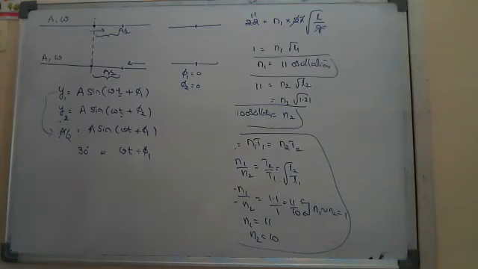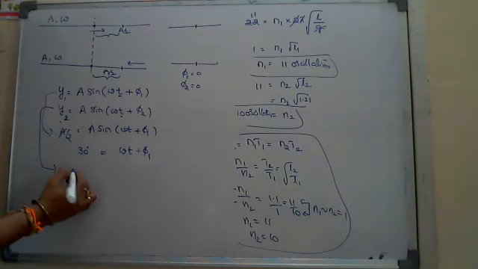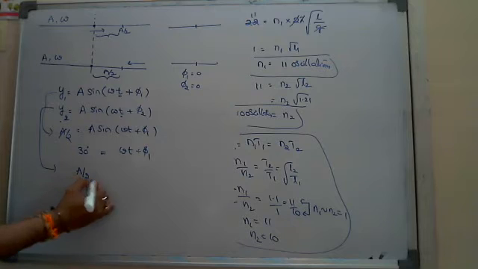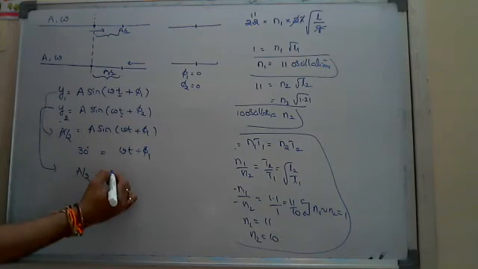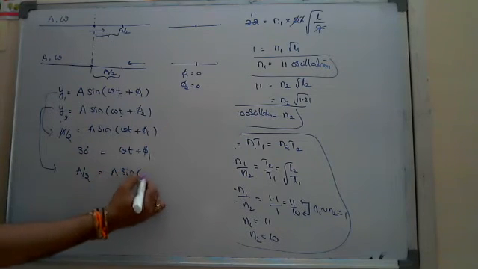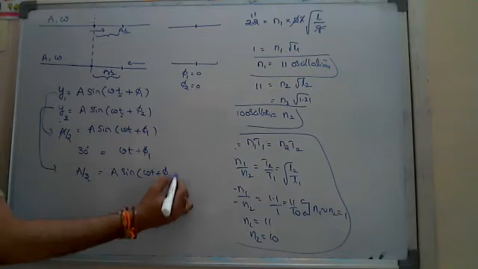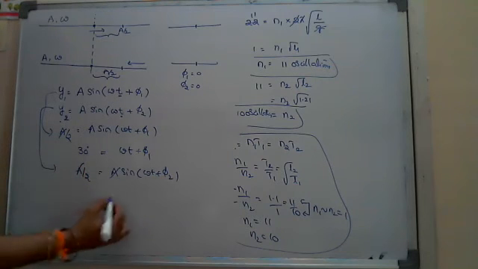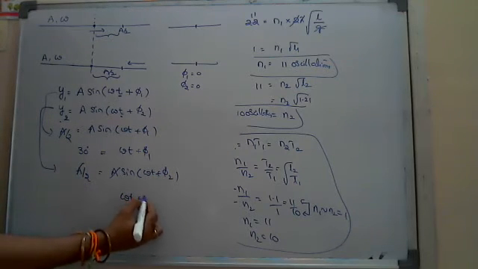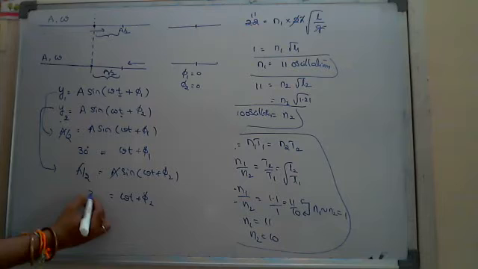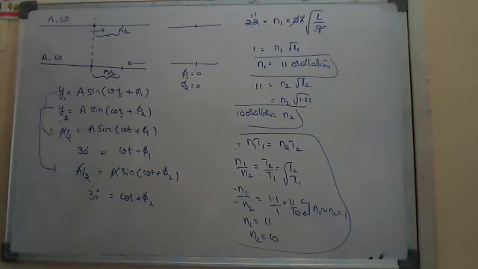Pi by 6. Okay. And here again for the second one also I have to substitute a by 2. That is equal to a sine omega t plus phi 2. Here also I am getting 1 by 2. Then omega t plus phi 2 is equal to, again if you put 30 degrees, I think it is wrong.